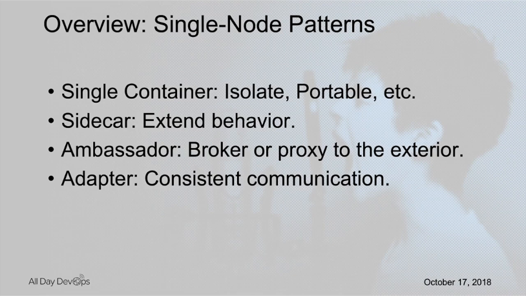The ambassador pattern works as a broker or proxy to the exterior, and the adapter container basically works as a consistent communication between the application and the external world. So those are the basics of the four basic patterns for containers.